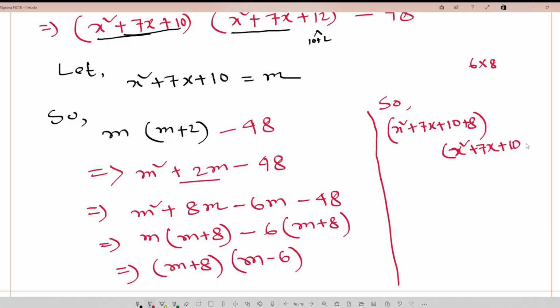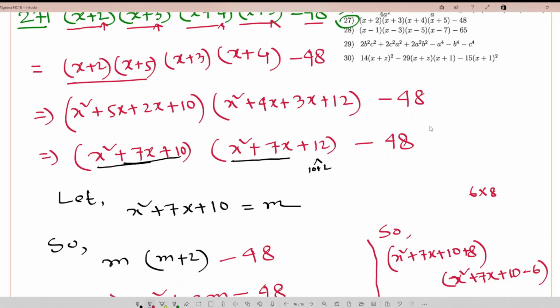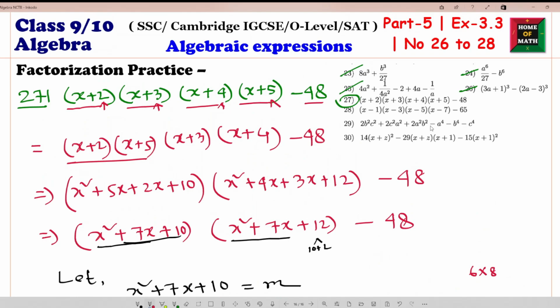Plus 10 and minus 6. So we can write x square plus 7x plus 18, and x square plus 7x plus 4, and this is our answer. So be careful about plus and minus, because sometimes a silly mistake gives us a big problem.